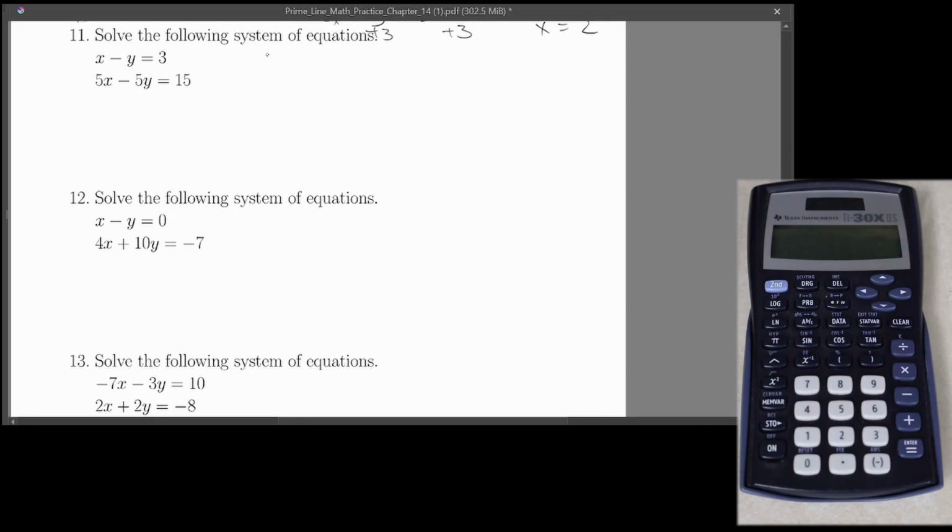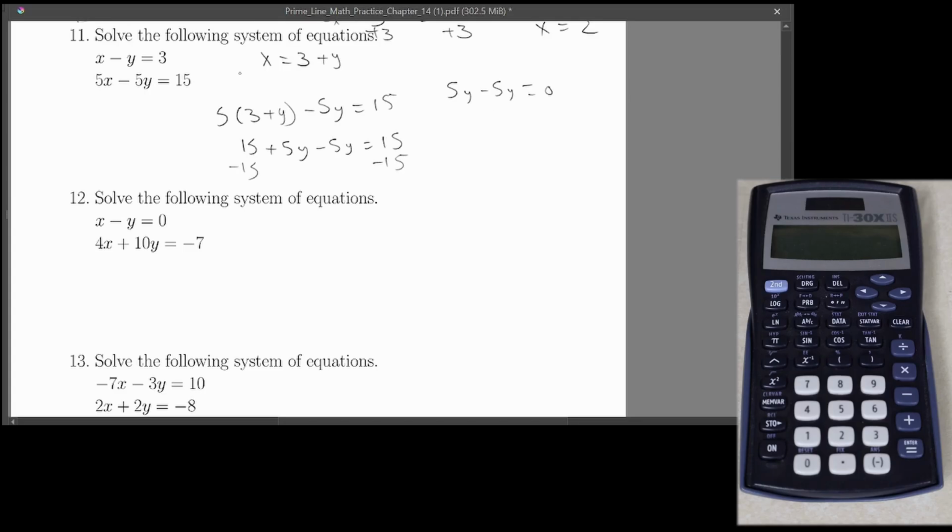Let's write this as x equals 3 plus y, and then let's plug it in here for our 5. So 5 times a 3 plus y minus 5y equals 15. We distribute this through and we get 15 plus 5y minus 5y equals 15. If we subtract the 15s, then we get 5y minus 5y equals 0, which zeroes out.